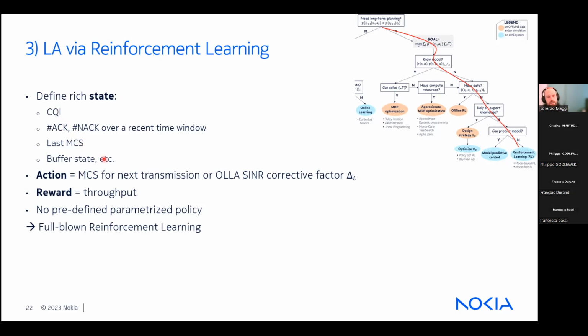Well, if the action is the MCS for the next transmission and the reward is throughput, then this is a classic reinforcement learning problem, where you think that you cannot predict the model, you cannot rely on expert knowledge. Well, you could rely on expert knowledge, but you don't want to, and you do better. So you can very well use reinforcement learning in the full-blown way.